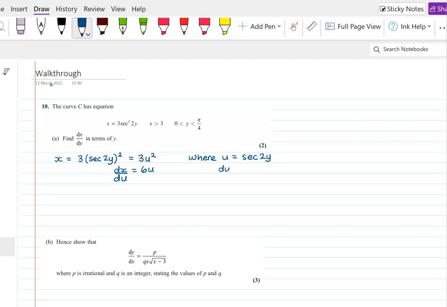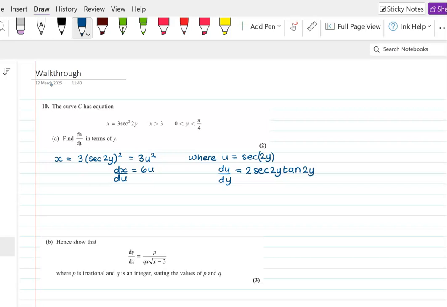And if I do du/dy, I know that the differential of sec x is sec x tan x, or sec y tan y, or in this case sec 2y tan 2y. But here I've got to be very careful because I've got to multiply by the differential of that little angle there. So it's going to be 2 lots of sec 2y tan 2y.